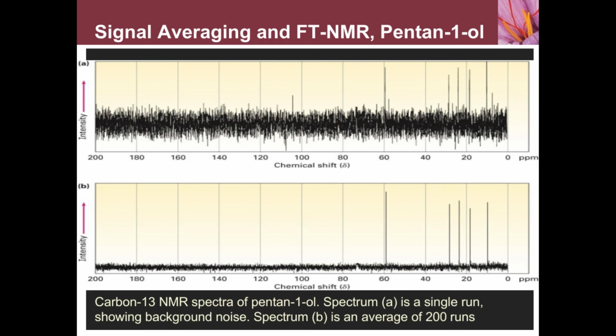So this point is very clear. Here the C13 NMR spectrum of 1-pentanol, spectrum A, is given as a single run, showing background noise on the base, but the spectrum becomes very clear with an average of 200 runs, and that is the advantage of FT-NMR.